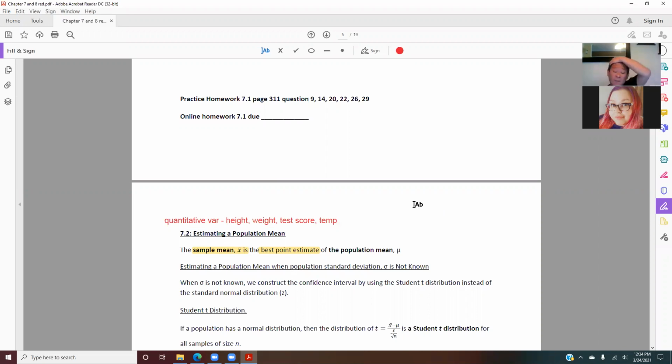We still use plus minus, but not in percent. So for example, when I say the test score for your first test is 73 plus minus 9, this 73 is what we call your best point estimate. How do I get 73? I take the sample mean, which means I take all your test scores, add them up, and divide by 30. That is how I get the 73.